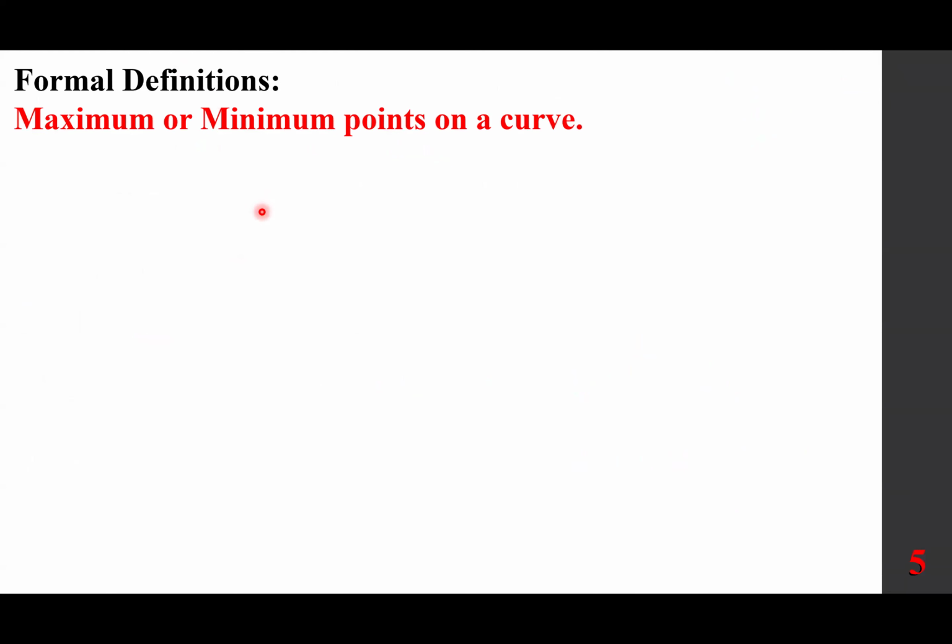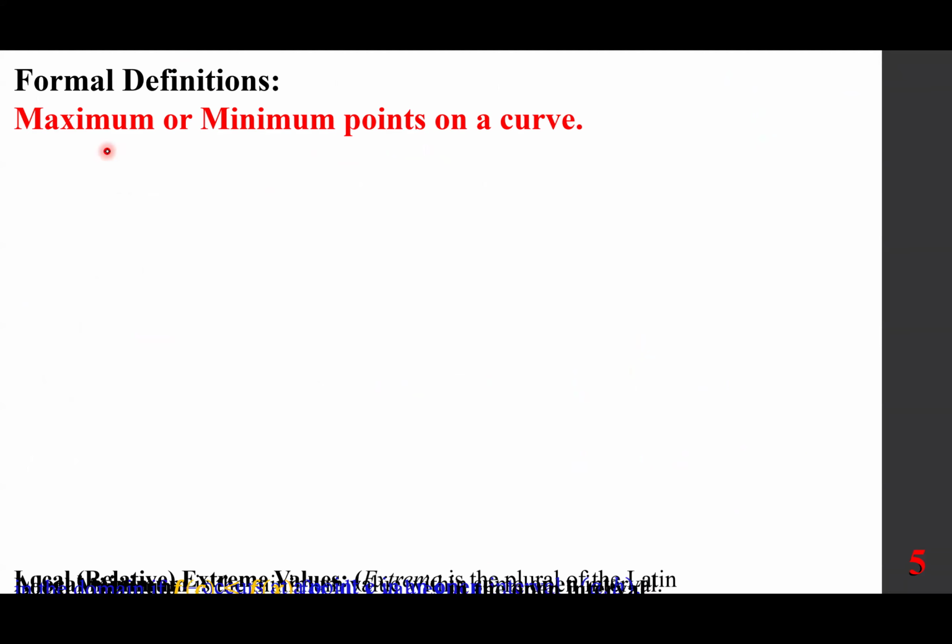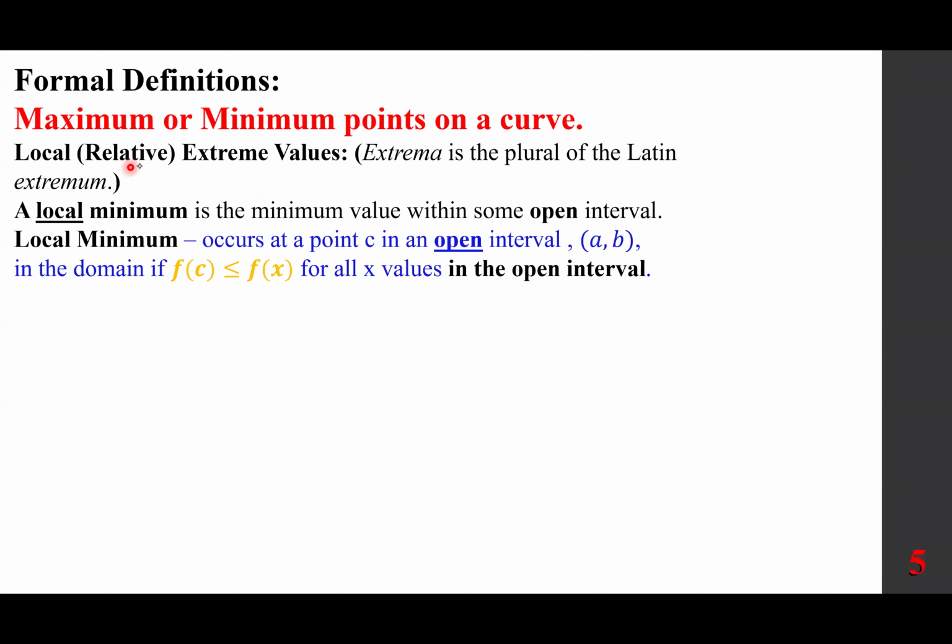Let's look at formal definitions for maximum or minimum points on a curve. Local, also known as relative, extreme values. Extrema is the plural of the Latin extremum. A local minimum is the minimum value within some open interval.